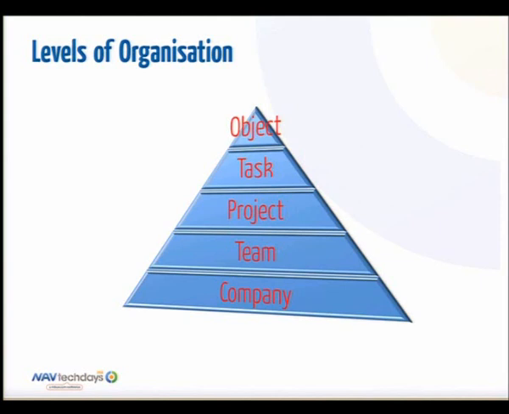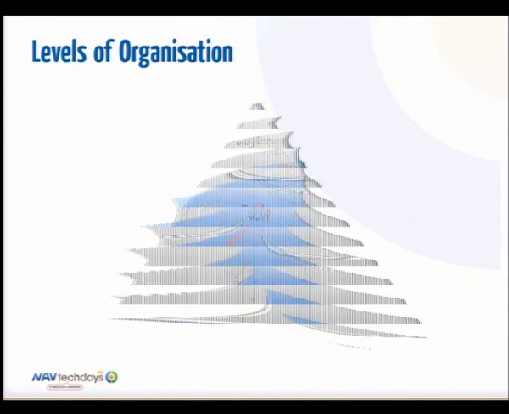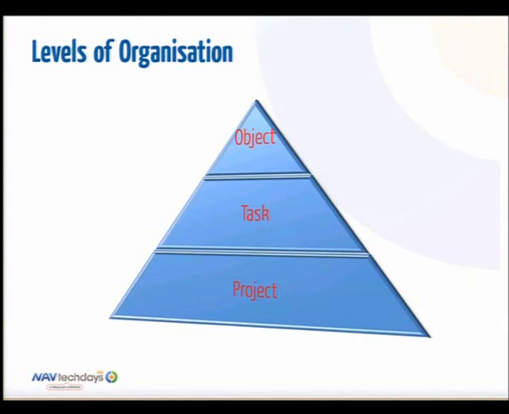When those teams do projects, they need organization. In the end, it comes down to a task. The task is, well, make this change. It can be a big change, it can be a small change. And in the end, we are changing the objects, which is the core essence of development. In this session, we're mainly going to focus on project, task, and object.